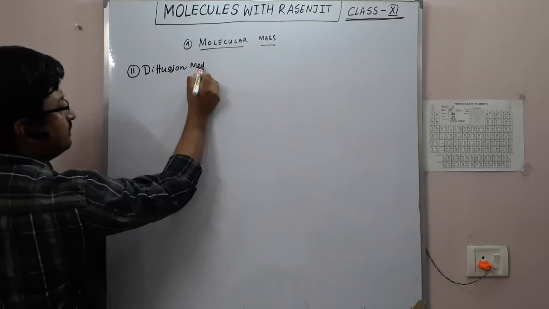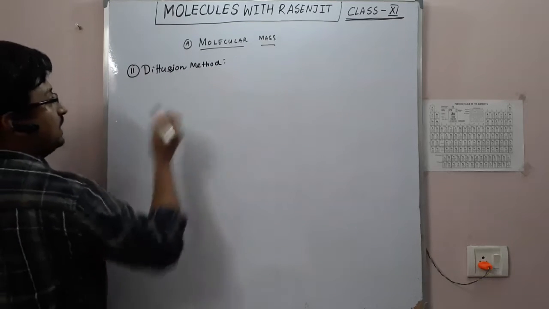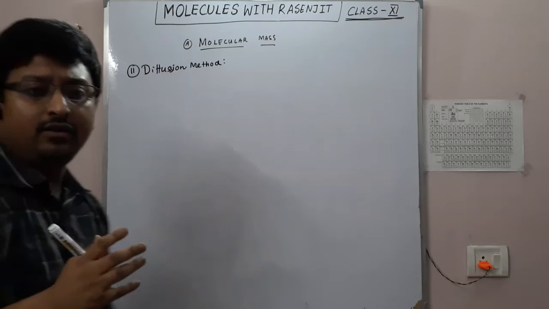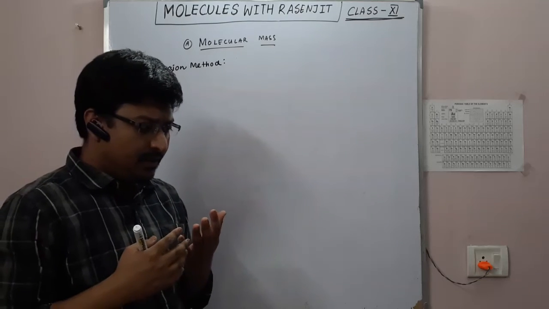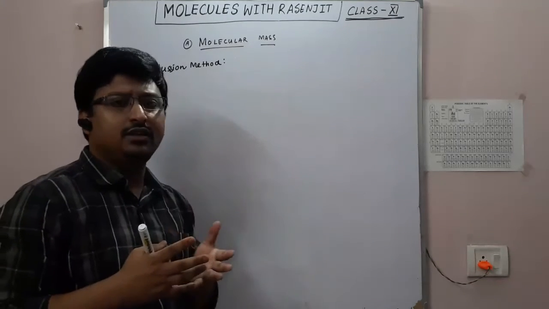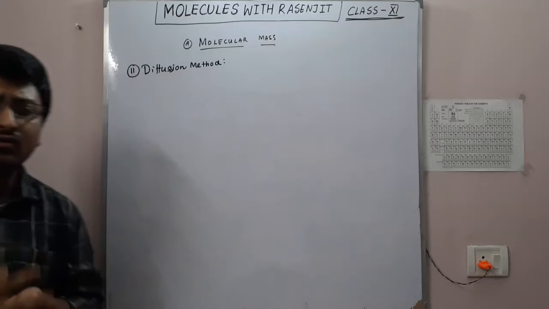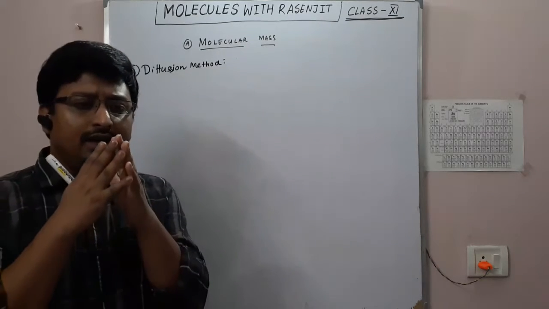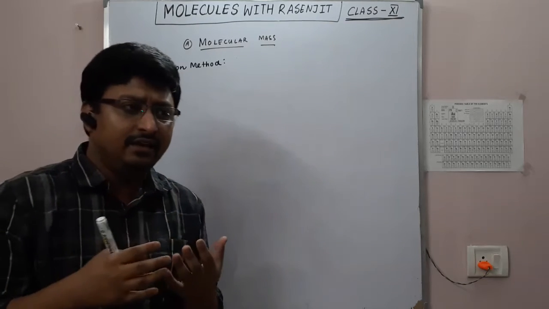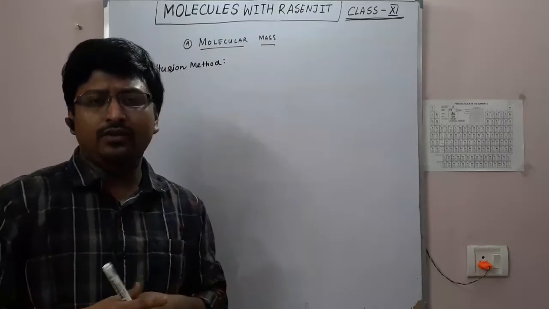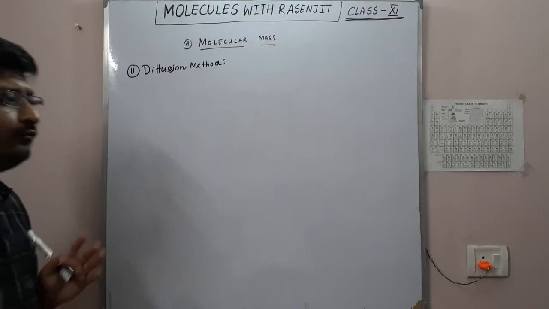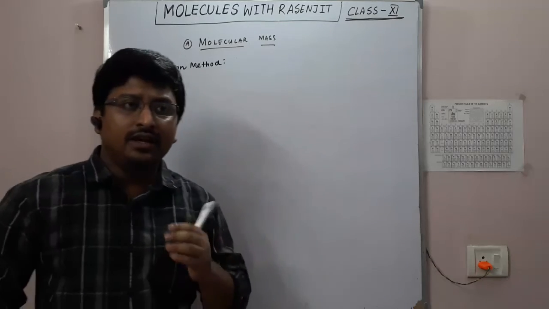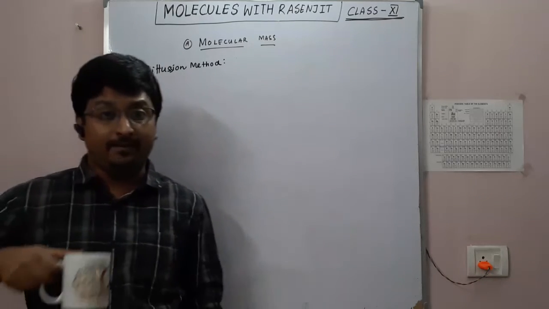In this method, you have a mixture of two or more gases. Each gas has a motion which we know as diffusion, and that motion is against gravity.